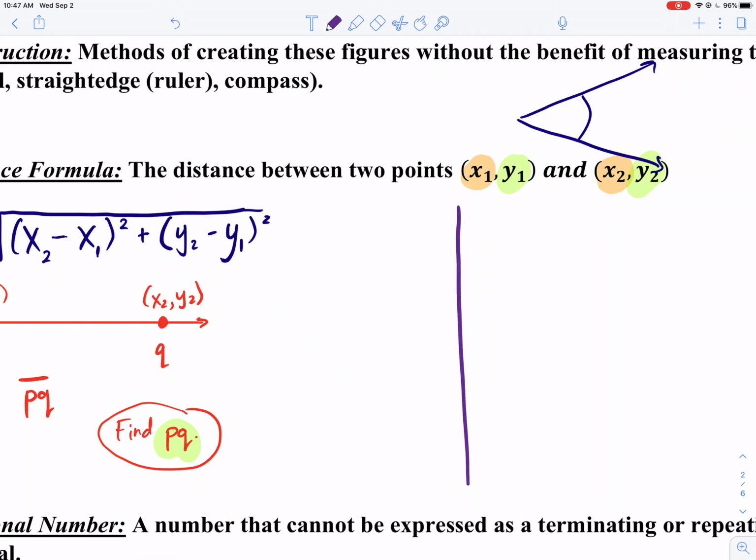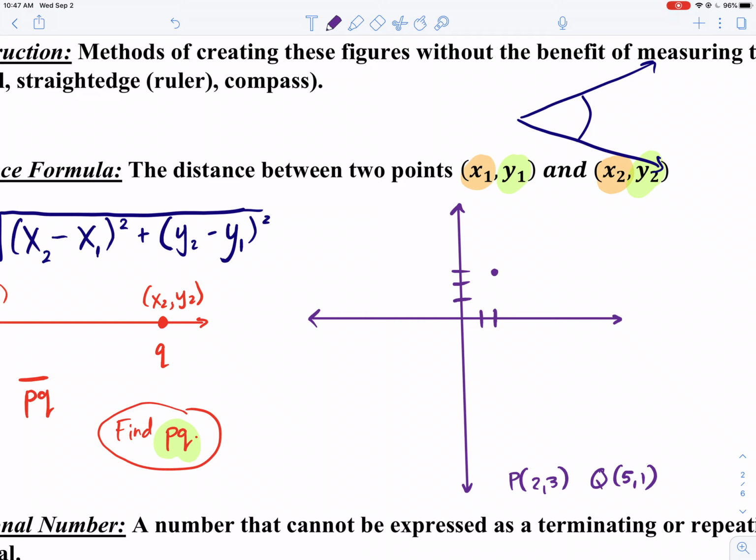So if I had a coordinate plane, okay, and I had 2 points. So let's say that I have the point P and it is 2, 3, and Q is 5, 1, right? So I'm gonna graph them. 1, 2, 1, 2, 3.